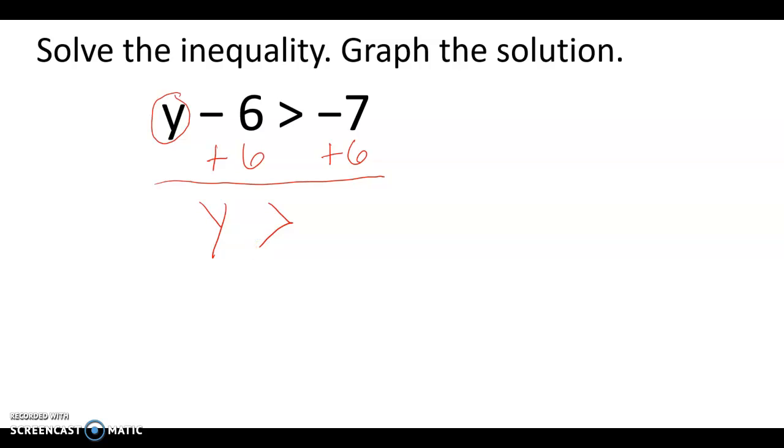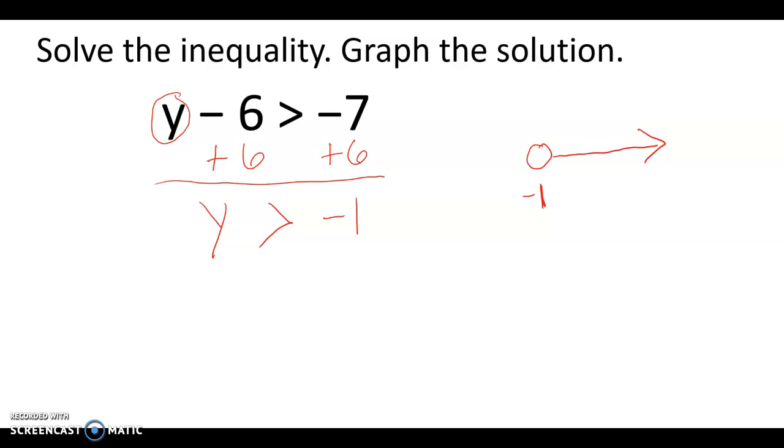And then you have to go negative 7 plus 6, which is negative 1. Now to graph it, you would find the negative 1 and you'd put an empty circle, and greater than goes to the right. So find the negative 1, empty circle, greater than to the right.